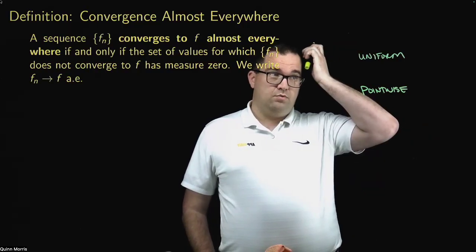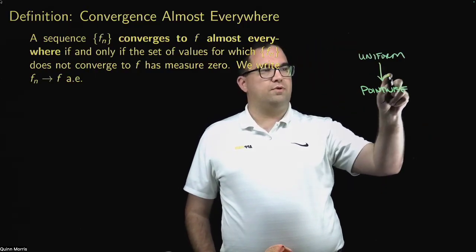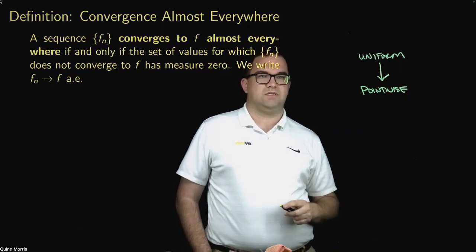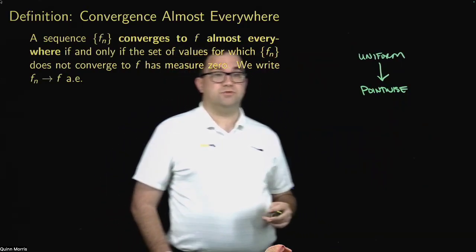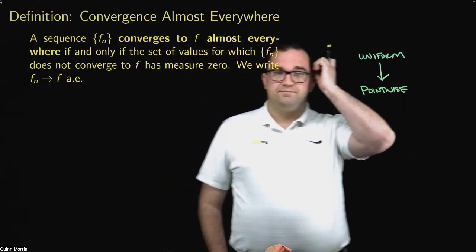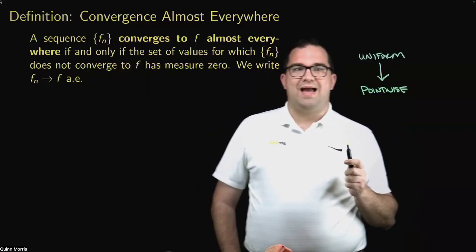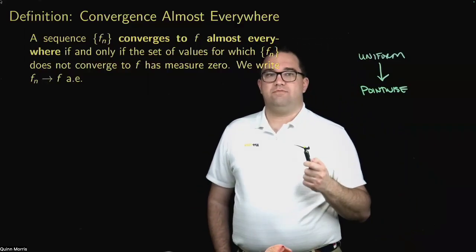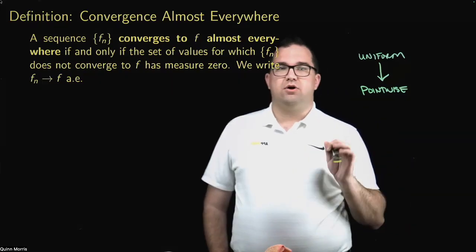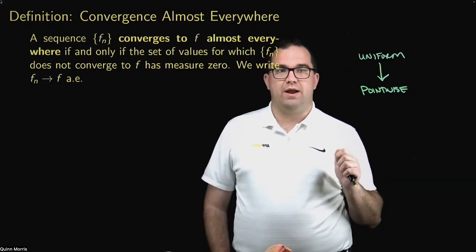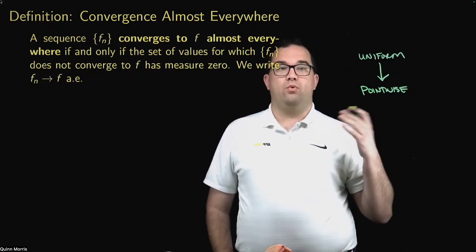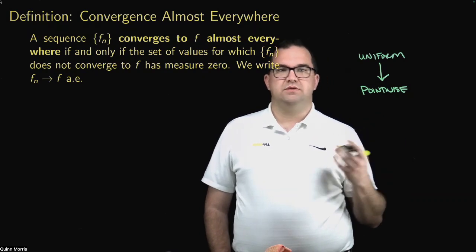One of the things we saw was that uniform convergence implies pointwise convergence, but not vice versa. Now here we want to add a new type of convergence, called convergence almost everywhere. It's sometimes called pointwise almost everywhere convergence.